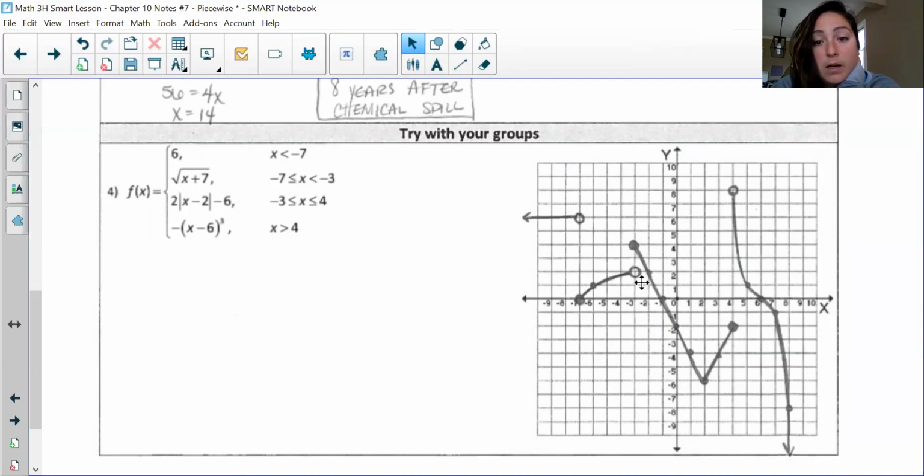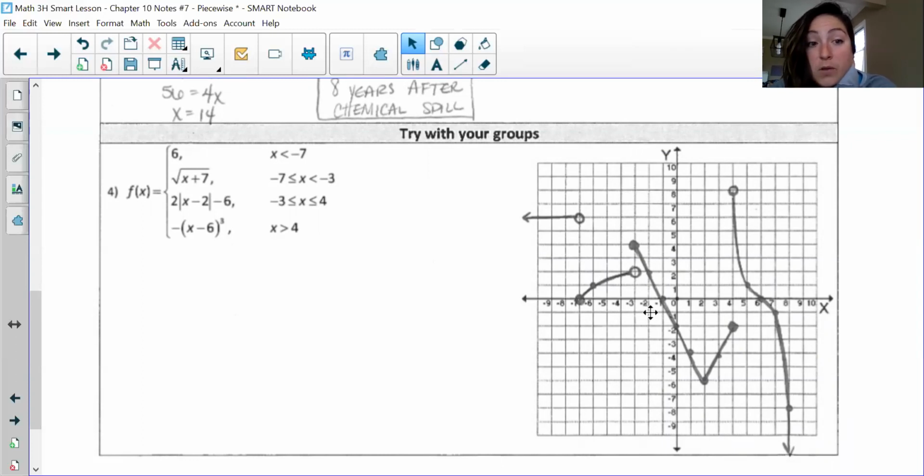And open circle at -3. And then we have the absolute value function that was shifted to the right 2, down 6, and then scaled, vertical stretch of 2.